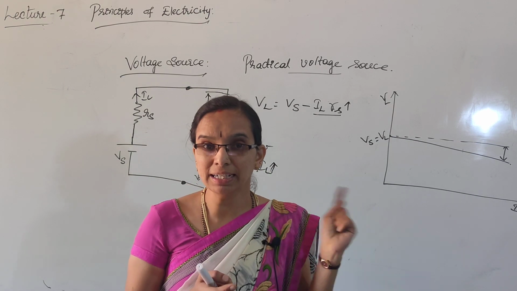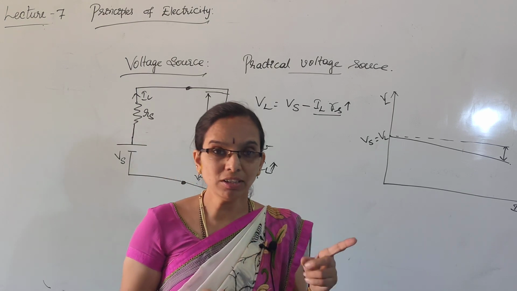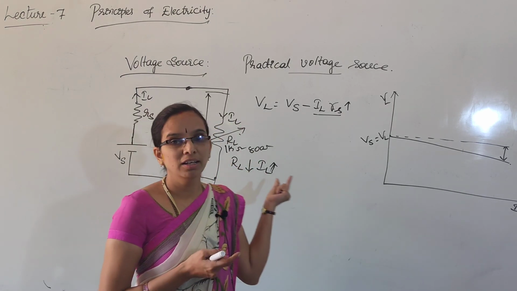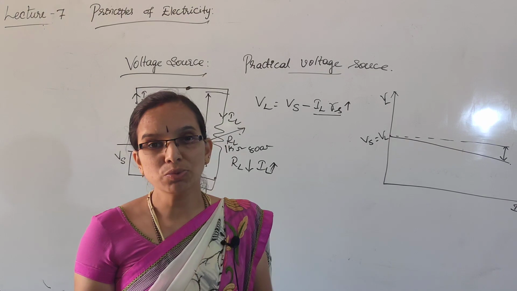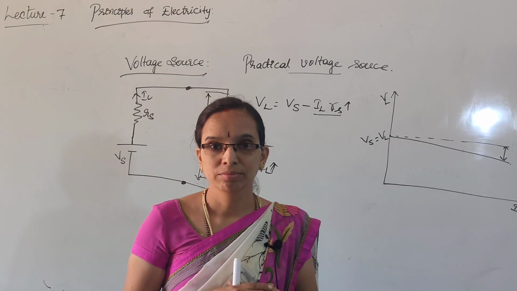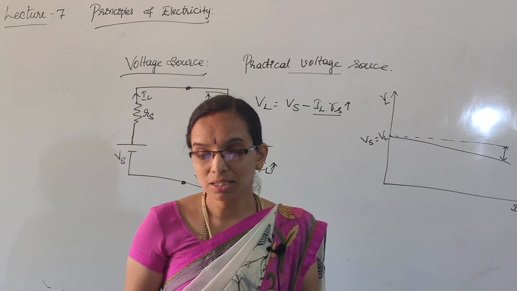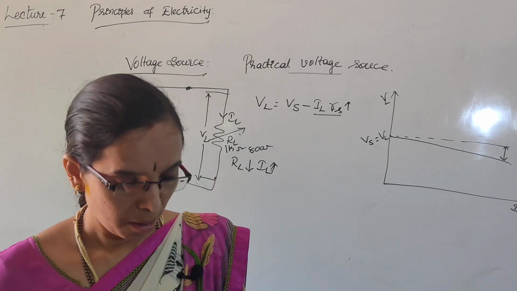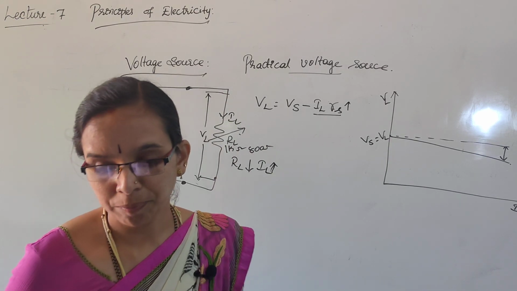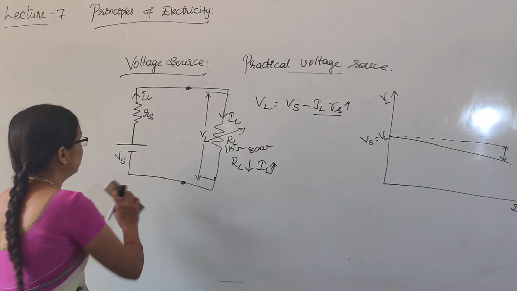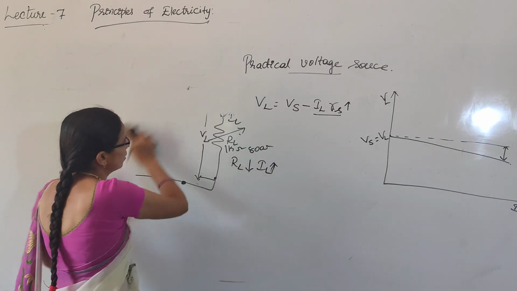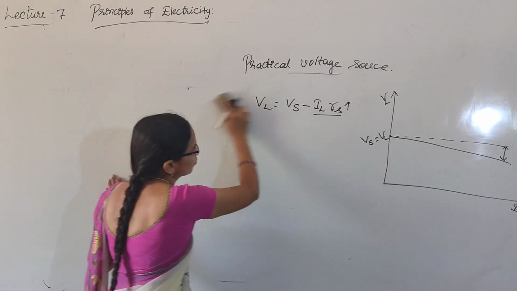Whereas in case of a practical voltage source, if RL is varied, the terminal voltage will be varied. Okay, understood? Any doubts, please text me and I will guide. One more last topic I will cover and stop this.